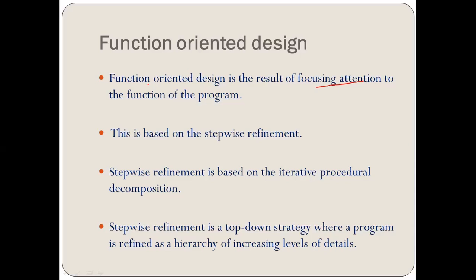So also in the function-oriented design, we are going to focus the attention on the function of the program. When I say function of the program, I am talking about the complete software, what the software is going to perform. That particular performing is called the functioning.